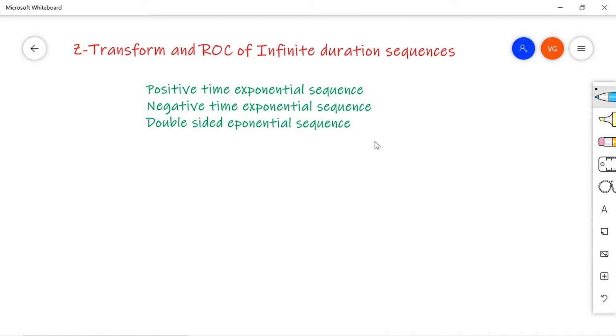Coming to positive time exponential sequence, it is defined as x of n is equal to a power n u of n. See, u of n, you know, that's a unit step signal. u of n is equal to 1 for n greater than or equal to 0, right?